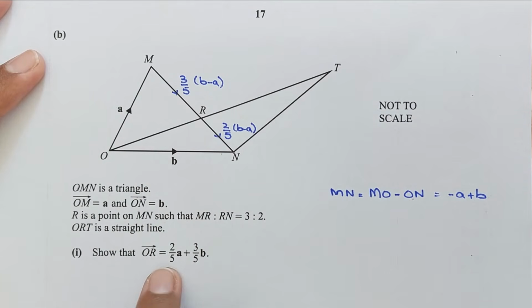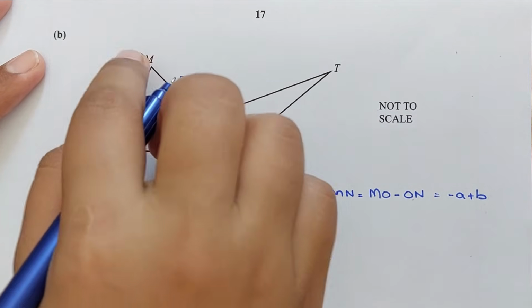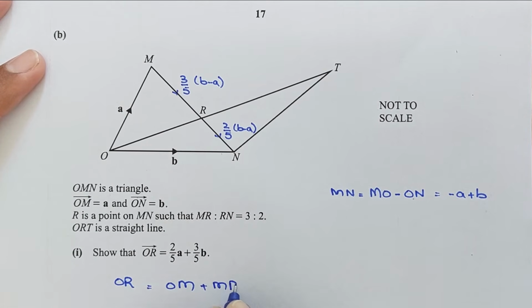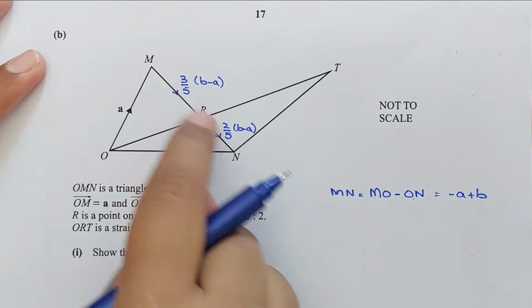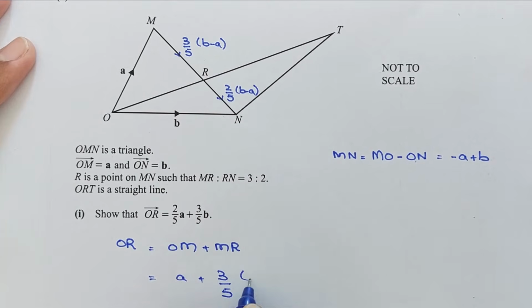Number 1, show that OR equals to this. So OR follows the path of O to M, M to R. OM plus MR. O to R, O to M, M to R, both are positive. This is A and this is 3 by 5 of B minus A. So just simplify.